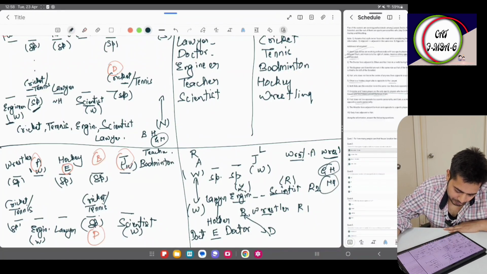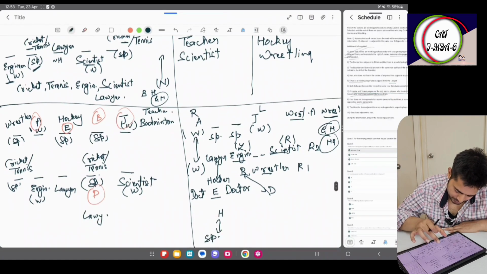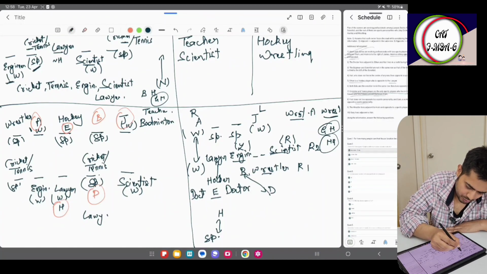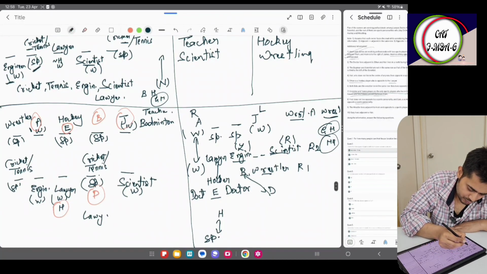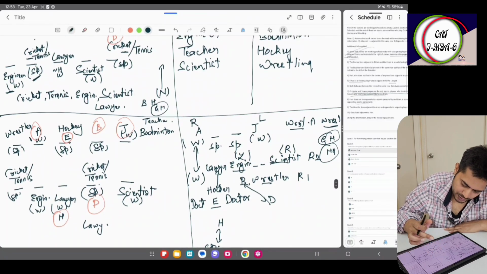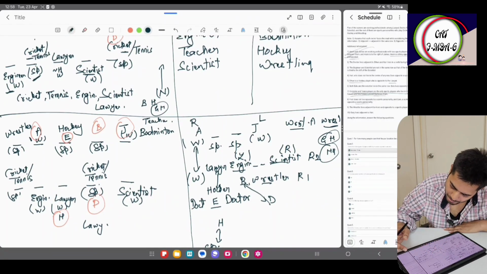Okay. Now, what else is left? B opposite Don, and lawyer has to be H. And lawyer is working, and this has to be H. Sorry, H cannot be in the middle.